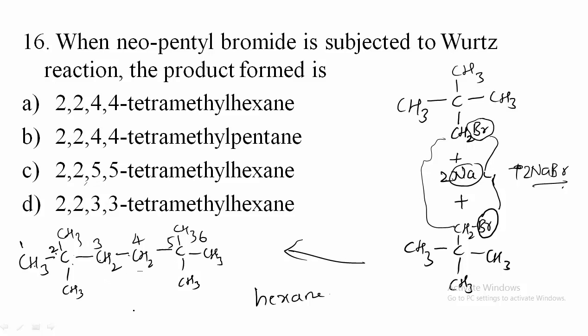At second position, 2 methyl groups are there, so 2, 2. And at fifth position, 2 methyl groups, 5, 5. How many methyl groups are there totally? 4. So tetramethyl hexane, 2,2,5,5-tetramethylhexane. This is the compound formed by Wurtz reaction with neopentyl bromide. Which option is right here? Option C.